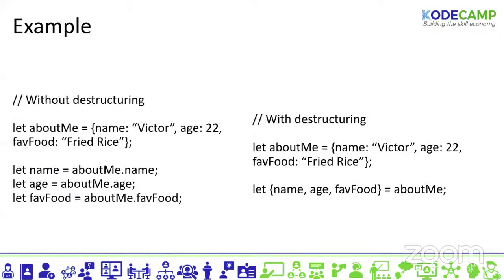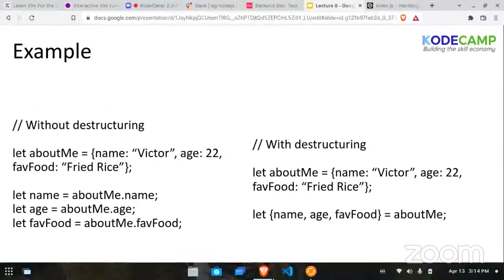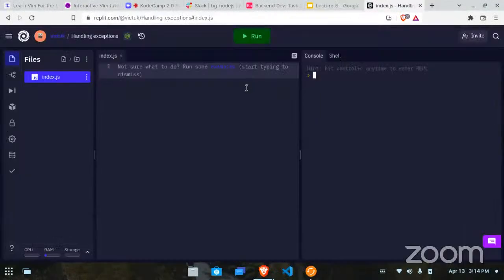So let's see. If I had let about me equal to, then we have that, and let's say we have details. I want to show you how you can destructure an object that is inside an object.